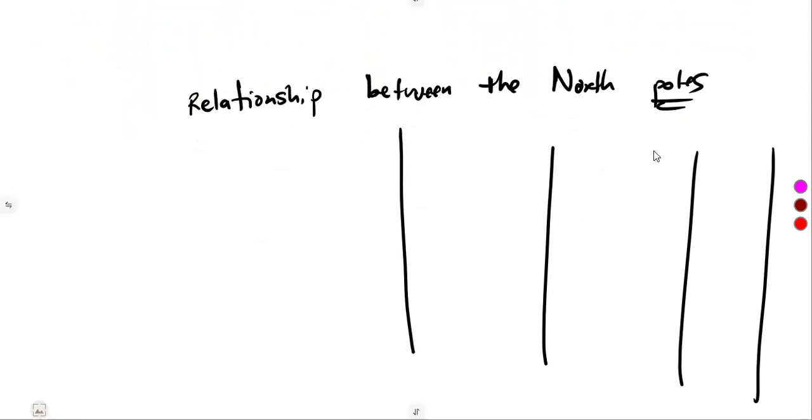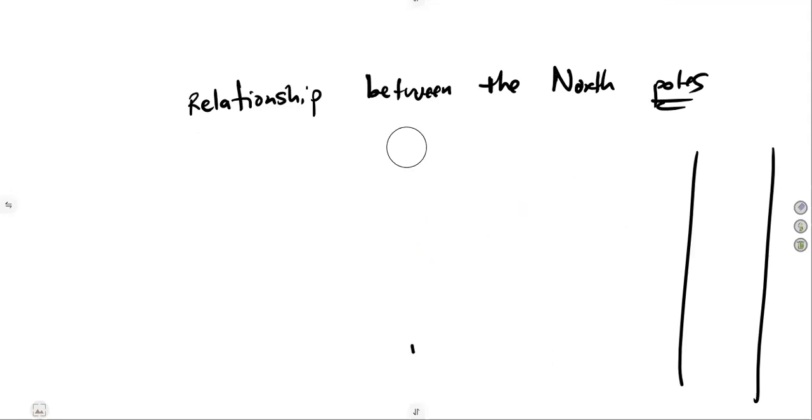From our geography, we do understand that these north poles will never meet. Meaning to say, they are parallel mathematically. We are saying they are parallel to each other. So if the north poles are parallel to each other, therefore the geometry of straight lines can be used. Knowing the understanding of our parallels is important.